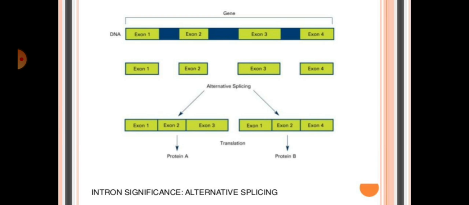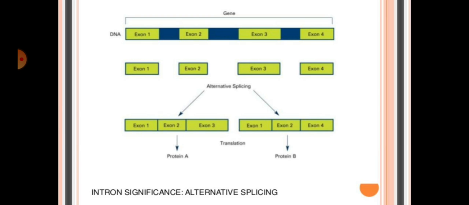You can see one DNA molecule or one gene which has got exon 1, exon 2, exon 3 and exon 4 interspersed by the blue colored introns. Now, when splicing is done, that is, the introns are removed, exon 1, exon 2, exon 3 and exon 4 remain.